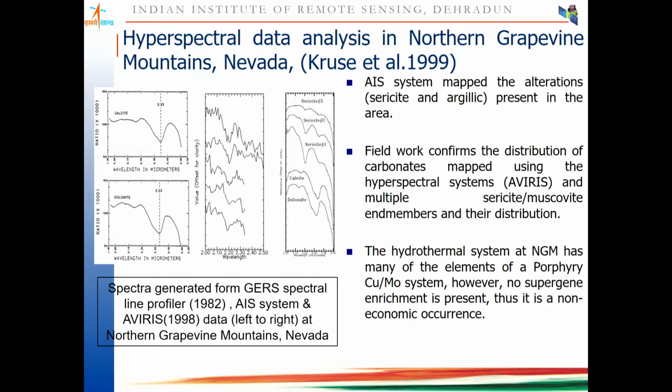Therefore, the copper, whatever was there in very small amount, was leached and weathered, and some surface signatures were present, but the economically important mineralized zone for copper is not present in this area.